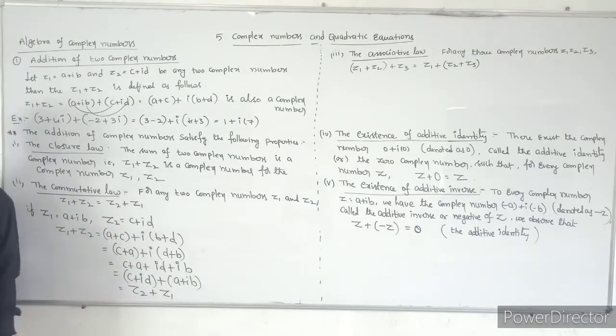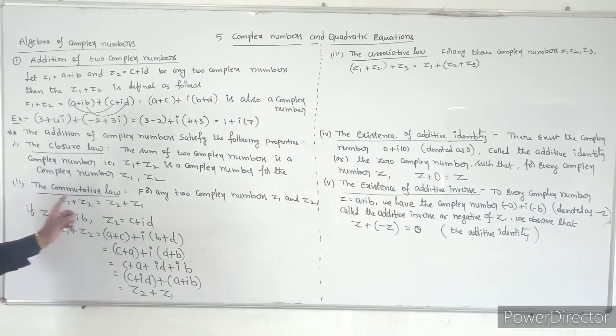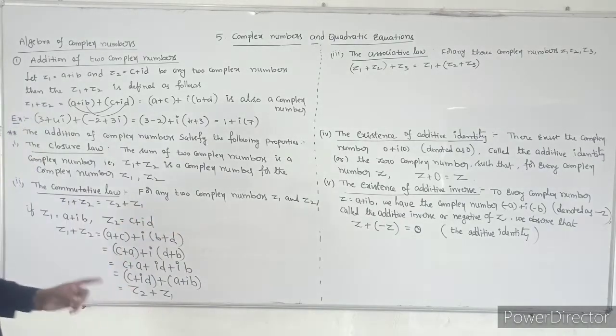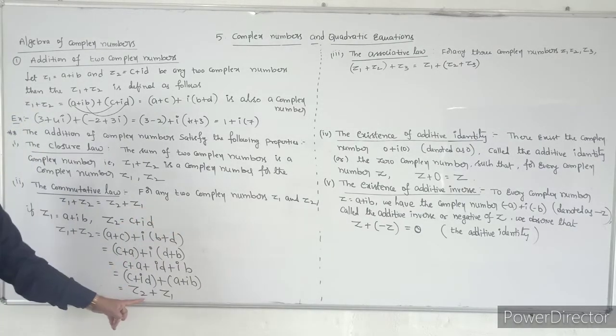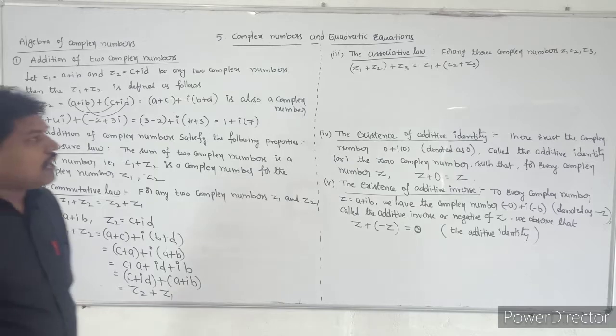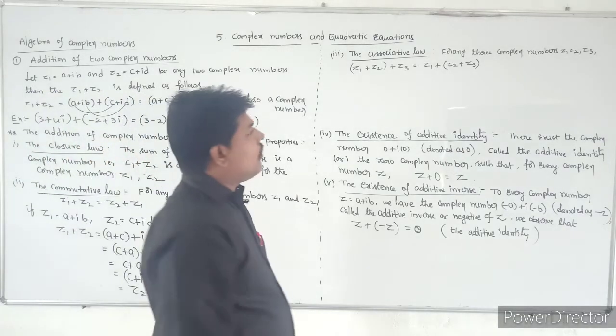Z1 plus Z2 is equal to Z2 plus Z1. This law is called the commutative law. If Z1, Z2 are two complex numbers, then Z1 plus Z2 can be written as Z2 plus Z1. Nothing will be changed. Both are the same. That is called the commutative law.